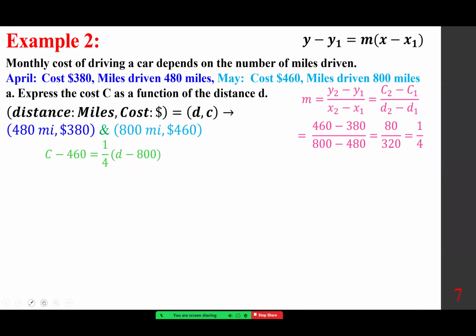So the right side is 1/4 d minus 200. We are going to add this plus 460 and we get c equals 1/4 of d plus 260.